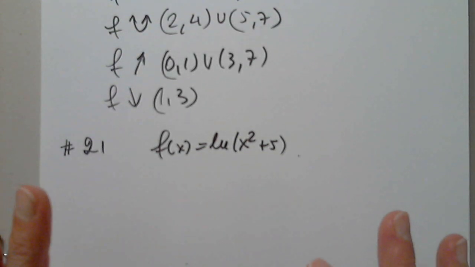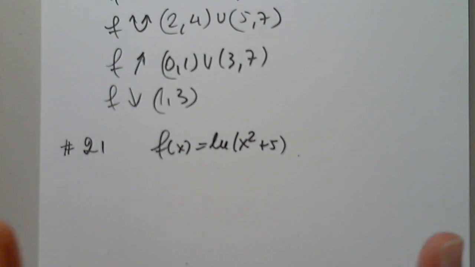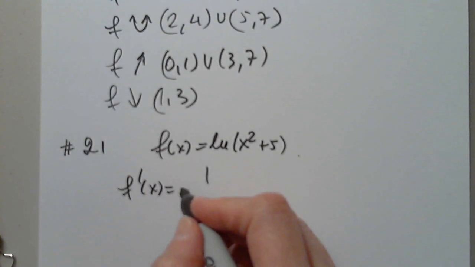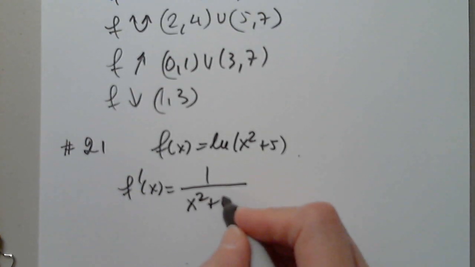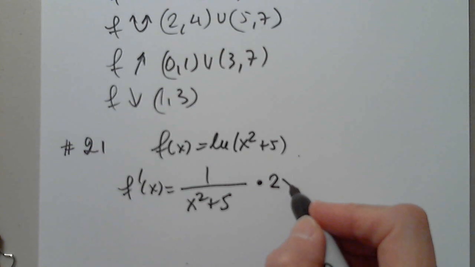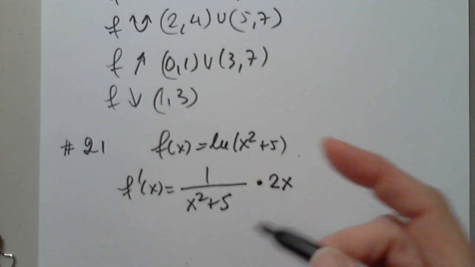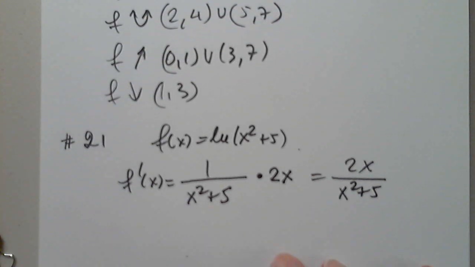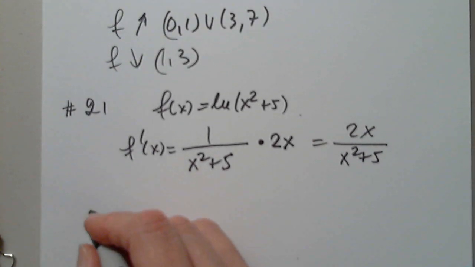So forget about max min and increasing and decreasing. I want to focus on the second derivative. So therefore, I find the first derivative as being 1 over x squared plus 5 times the inner function prime. So this is 2x over x squared plus 5. Directly moving on to the second derivative.